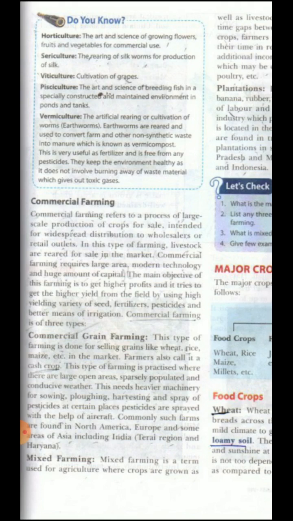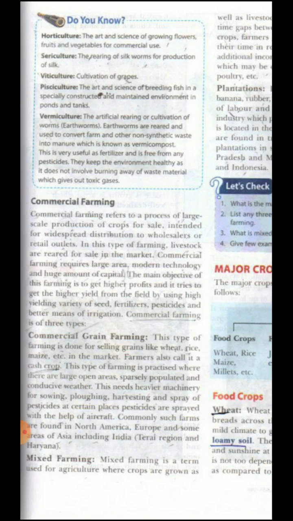This type of farming is practiced where there are large open areas, less populated areas, and suitable weather. For all the processes like sowing, plowing, harvesting, and spraying pesticides, heavy machinery is required, and in some places they spray the pesticides with the help of aircraft.